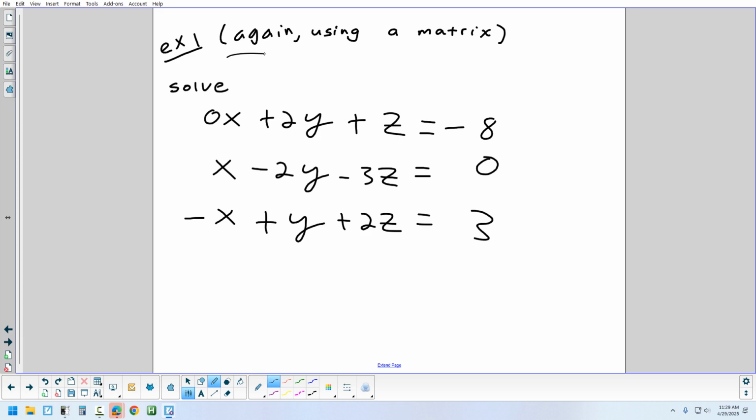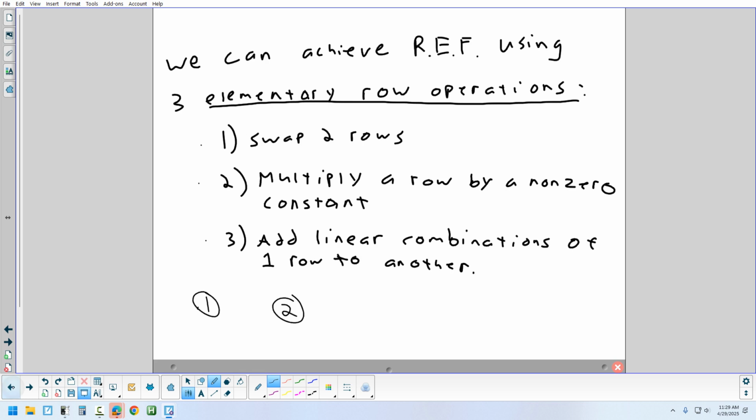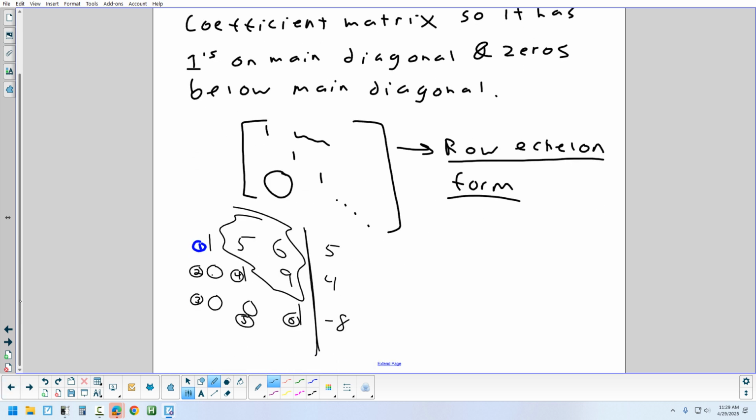So as we're writing it down, we want to think back to this diagram and think of the very first element that I'm going to focus on. What's the first element that I'm going to try to work with in that matrix? It's in what row and what column?